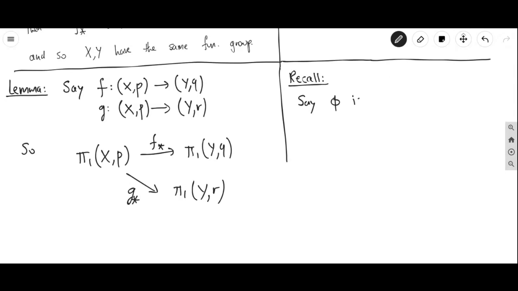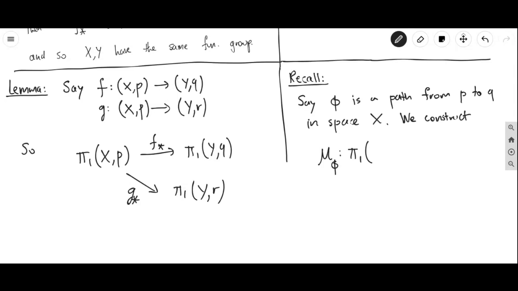Say phi is a path from p to q in space x. So we construct the following map. I called it mu. I think Moncrief calls it by some other notation. So we called it mu for map. That takes you from the fundamental group of x at p, and it sends you to the fundamental group of x at q.